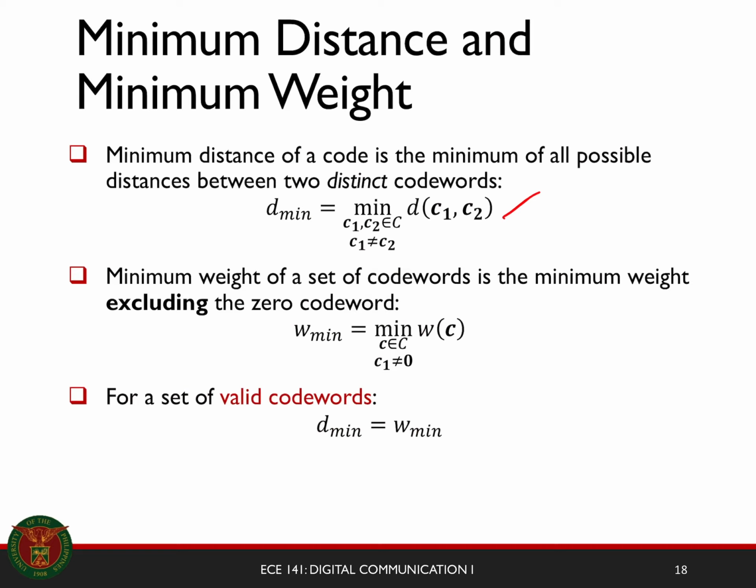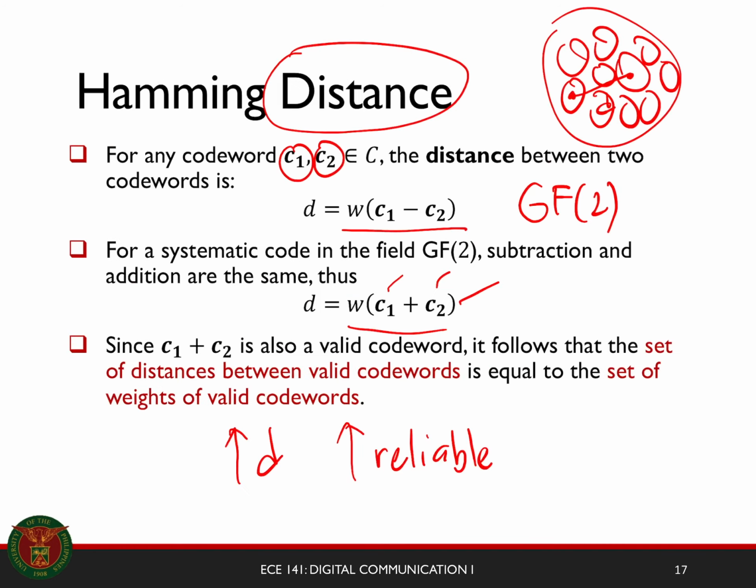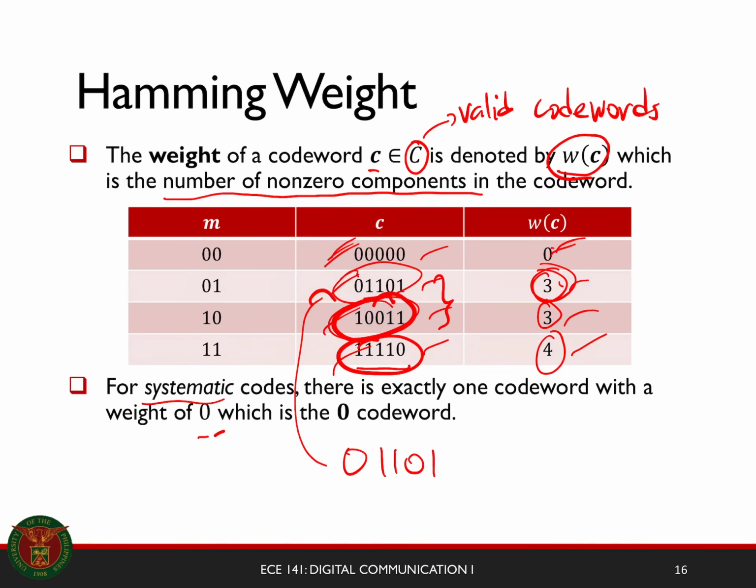And the quickest way to get that is just to get the minimum Hamming weight, excluding the 0 code word. Of course, there's always a 0 code word in a set of systematic linear block codes. You exclude that because the weight of that is always 0, and we're talking about the distance.